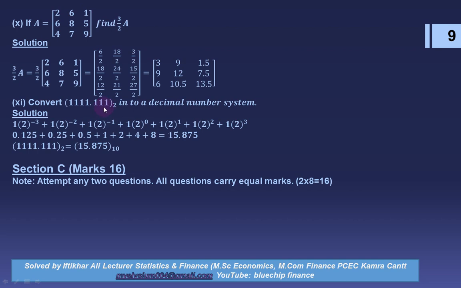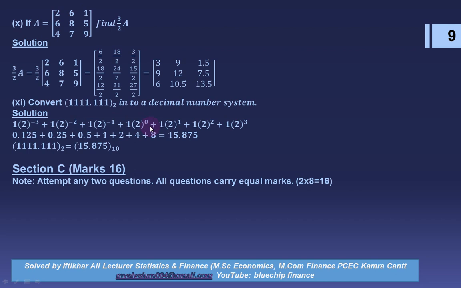So there are 3 digits here, so the first power will be taken as minus 3. After that, here we take the power of minus 2, here we take the power of minus 1, and then we start from the power of 0, 1, 2, 3.